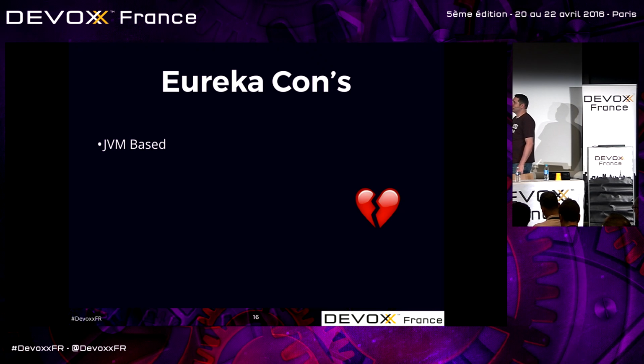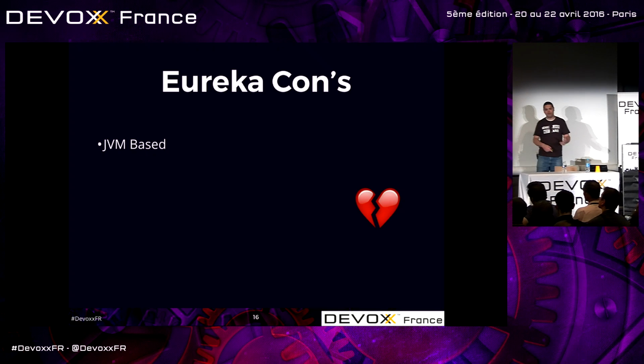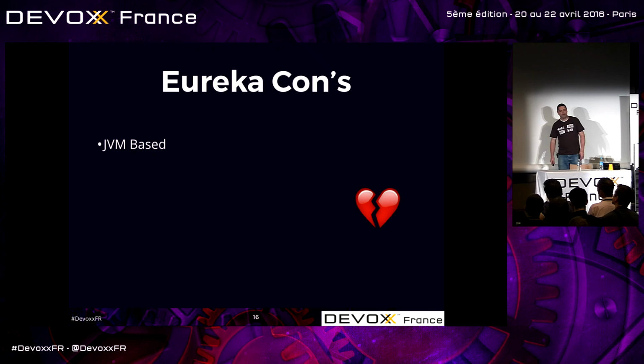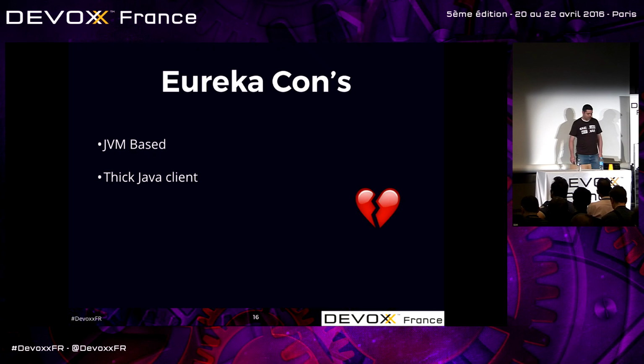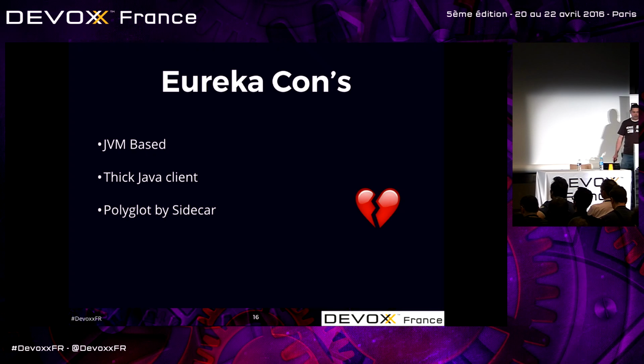Some of the cons of Eureka: it's all in Java. The client is written in Java, and it's pretty heavyweight, and you really have to use the client or understand the protocol really, really well. So if you have other languages in your company or project, it can be a little difficult, and you need to use a sidecar to be able to register those applications with Eureka.